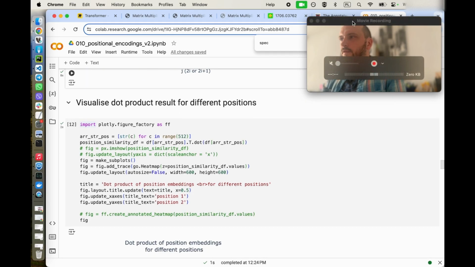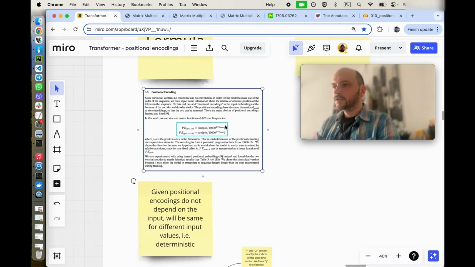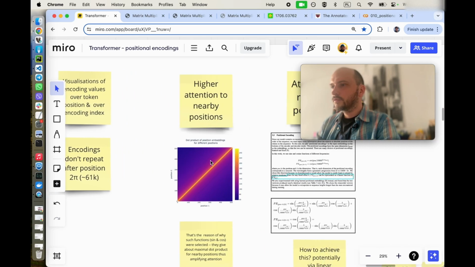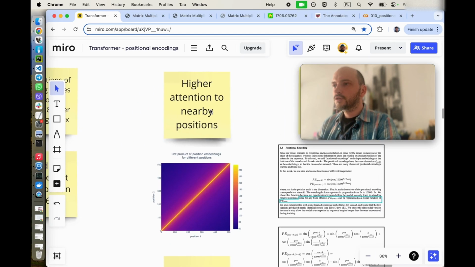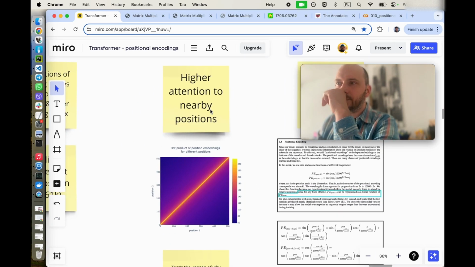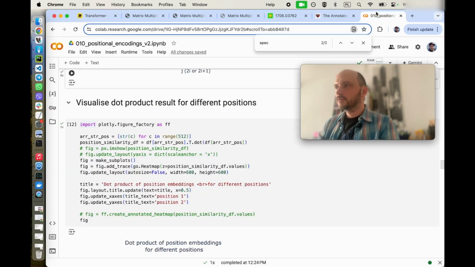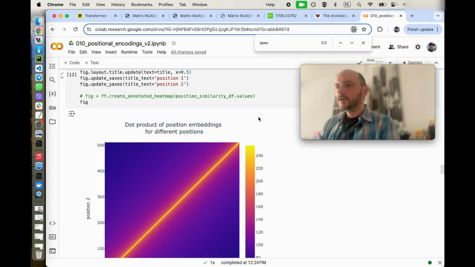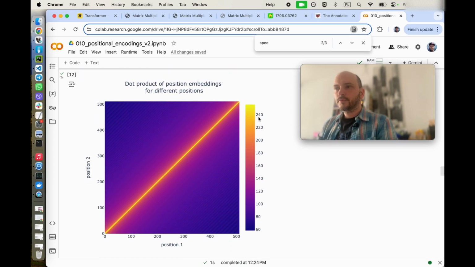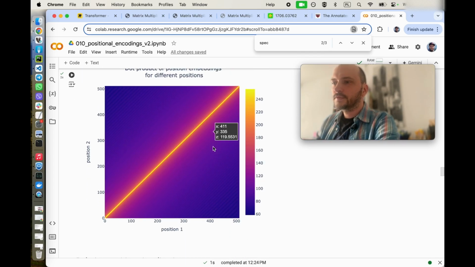And next thing, let me look at the agenda. Okay, so I'll show you that. The next thing that I want to show you is how it comes that with this formula of encodings, higher attention is paid to nearby tokens. How does it work? I have this visualization prepared. You may have seen it already.